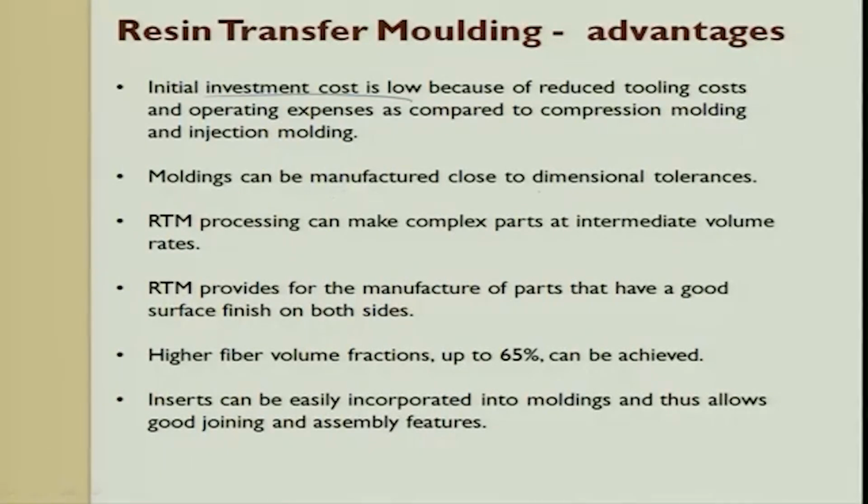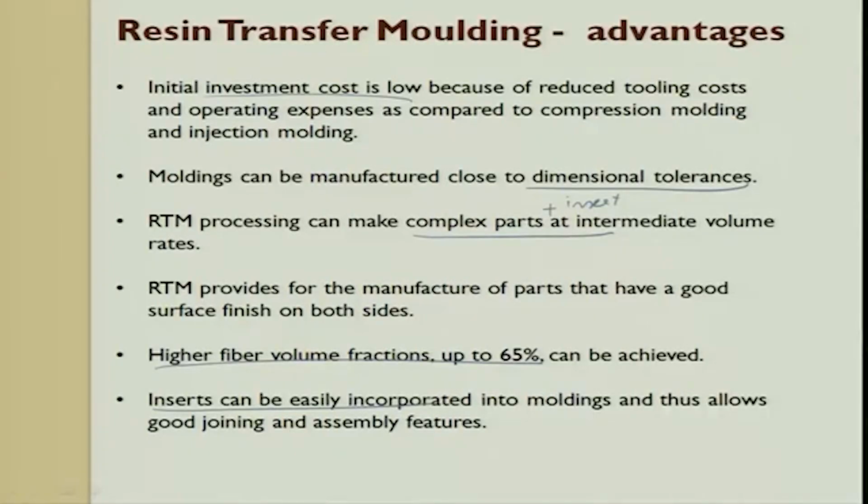The molds are manufactured to close tolerance, so the object you get is very good. Complex parts can be done, and complex parts with inserts, that means complex and integrated parts can be made. It gives good finish on both sides. The volume fraction can go up to 65%, very high strength can be received, and inserts can also be incorporated.